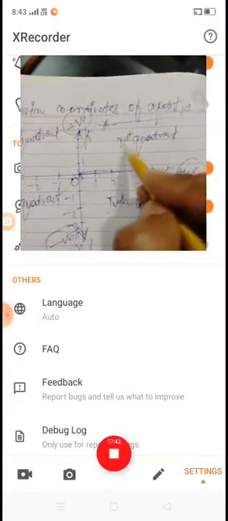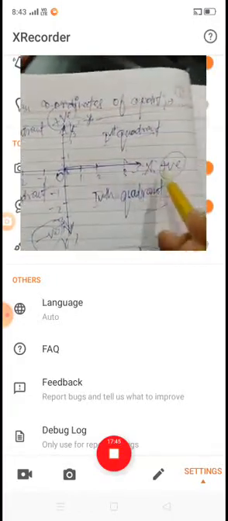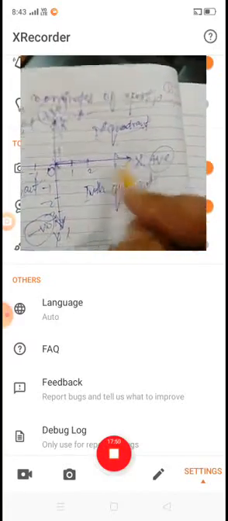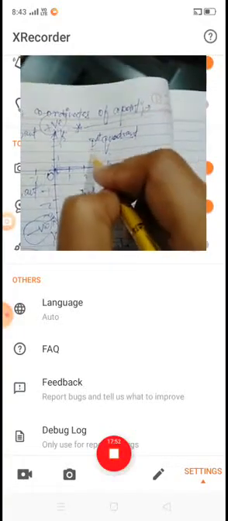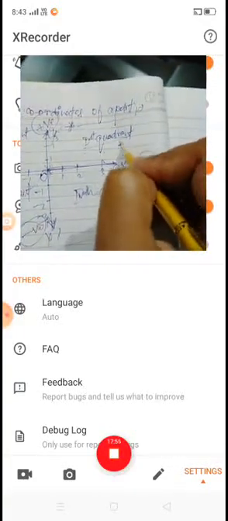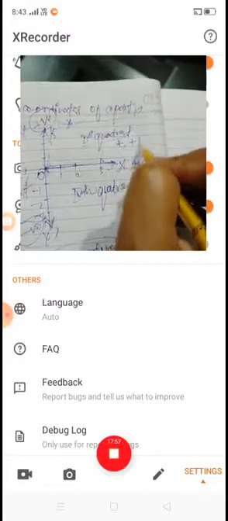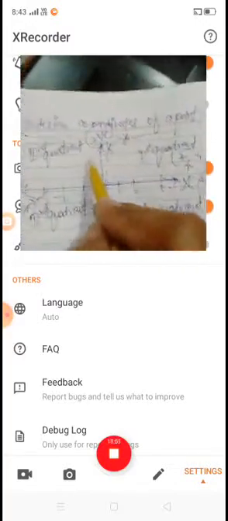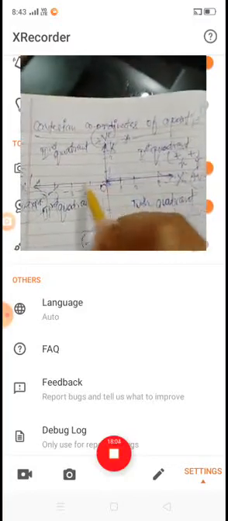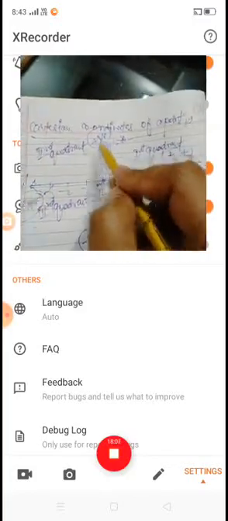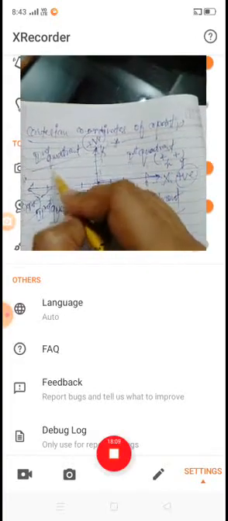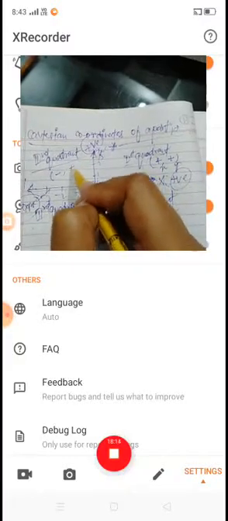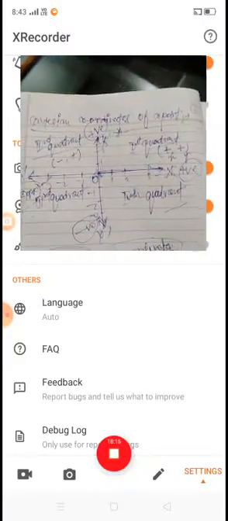So in the first quadrant, both abscissa and ordinate are positive, that is x and y. In the second quadrant, abscissa is negative but ordinate is positive.